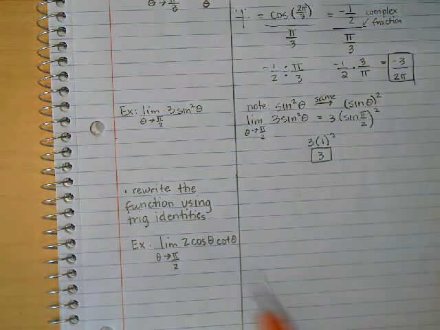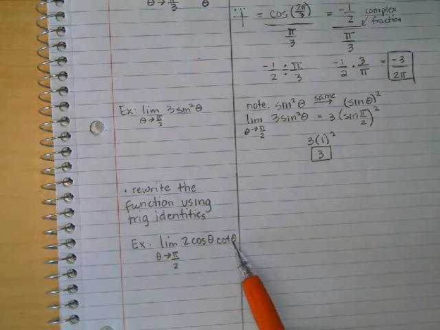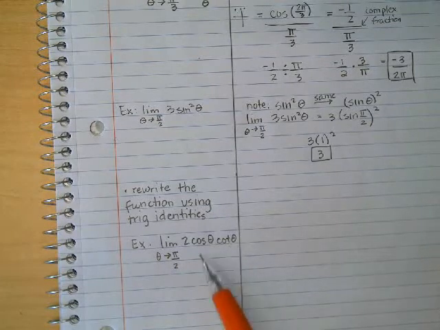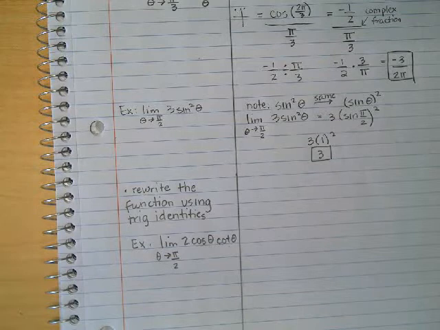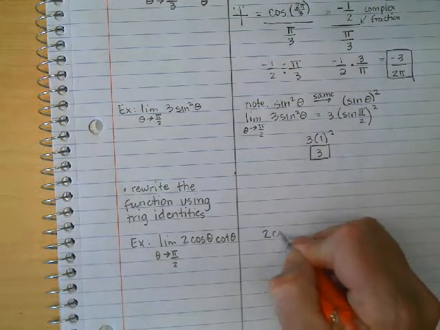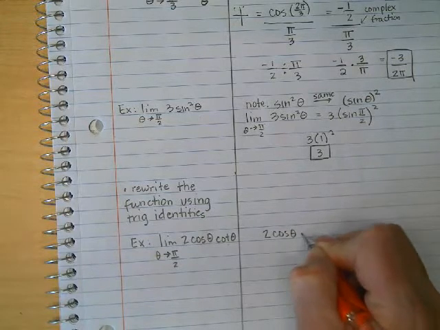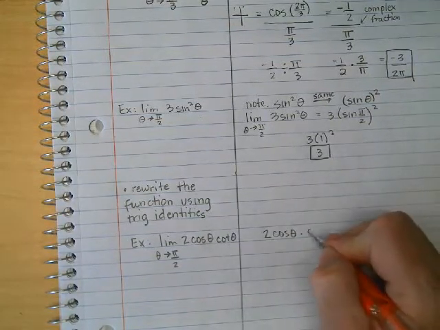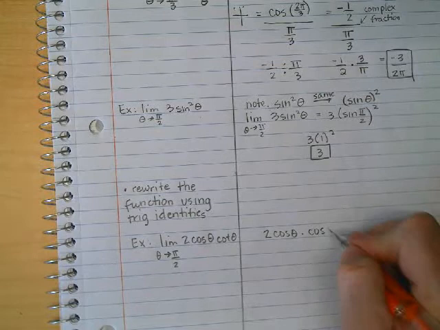Hopefully this is ringing a bell here, because how can we simplify this? Maybe even in this case, we're not going to get the indeterminate form, but it's just a drag working with cotangent. I don't want to figure out the cotangent of pi over 2. So I could just rewrite this, and I could say, well, cotangent is cosine over sine.